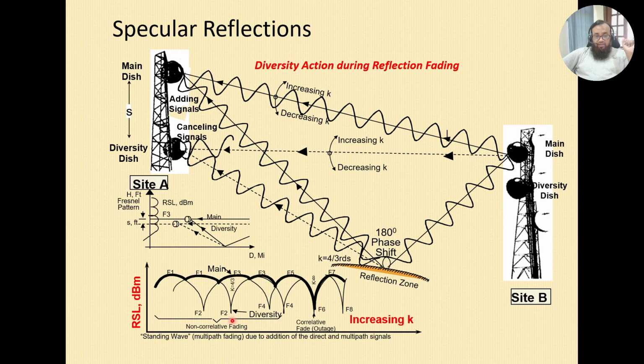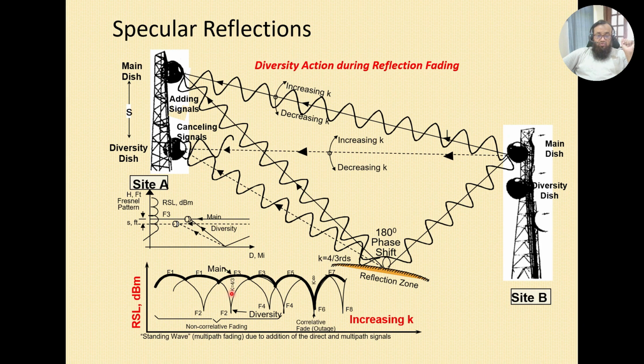So in this area, we have this main path and we have these diversity paths. Here we can see that the fading is not correlated, because at the points where diversity is not receiving anything, the main is receiving some signal. So that's how the main is always getting some value.